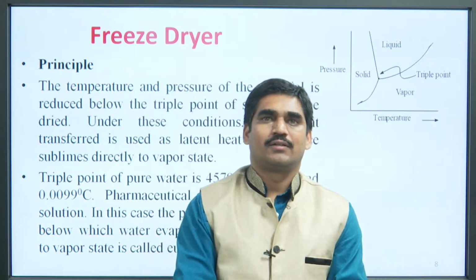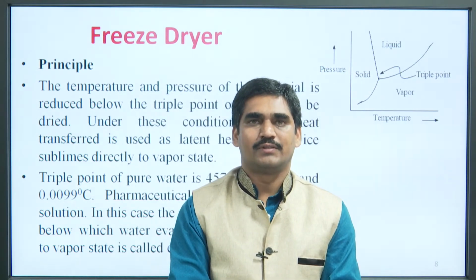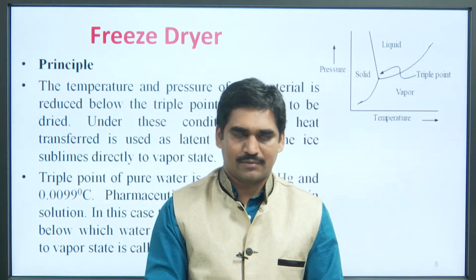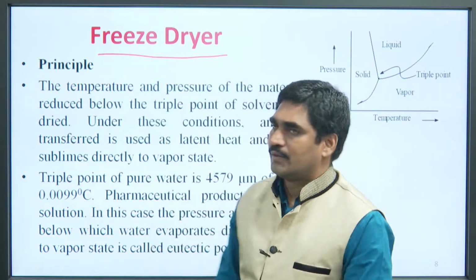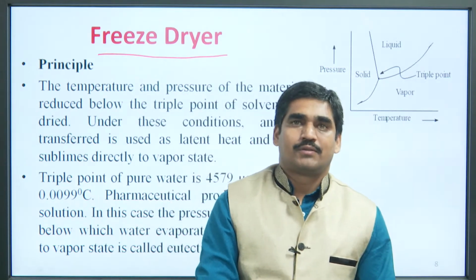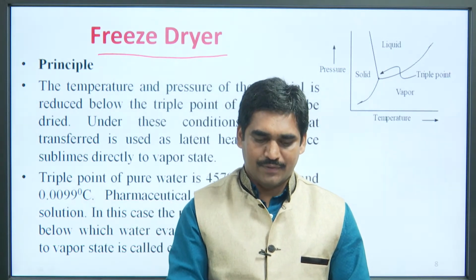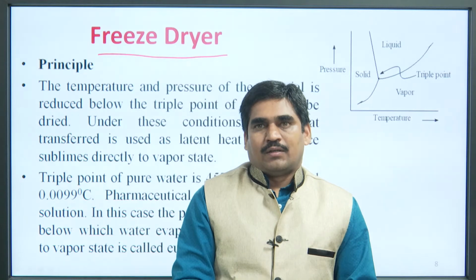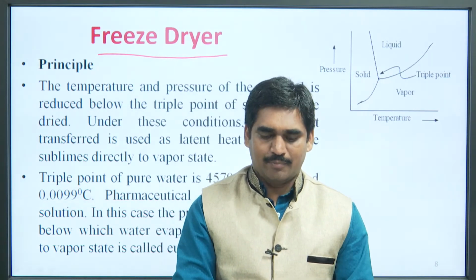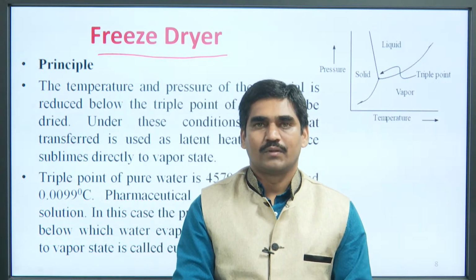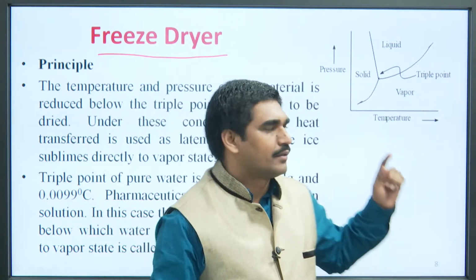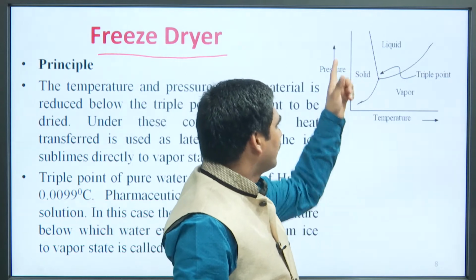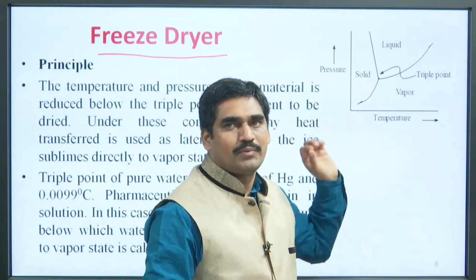The last drying equipment which we will study in this lecture is the freeze dryer. First, the principle of the freeze dryer: temperature and pressure. As you see in the diagram, a graph is plotted between pressure and temperature.